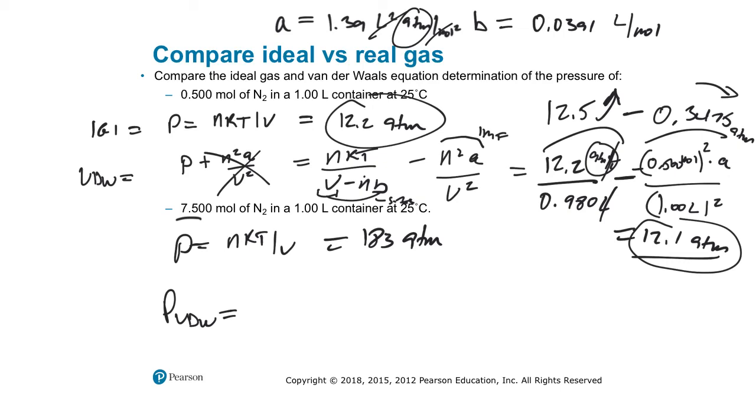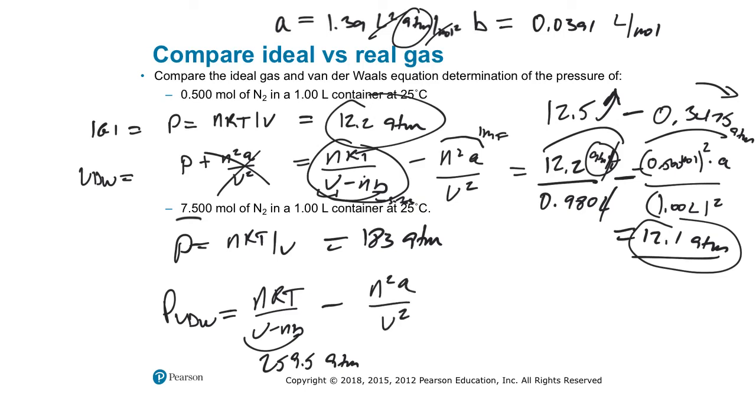Okay, so that gives me right off the bat, if I plug in this whole term here, the nRT divided by V minus nb works out to be 259.5 ATM, and then minus the n squared a divided by V squared.